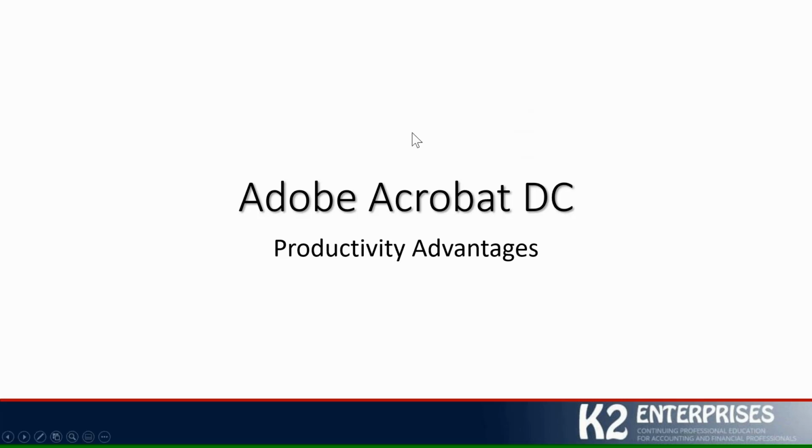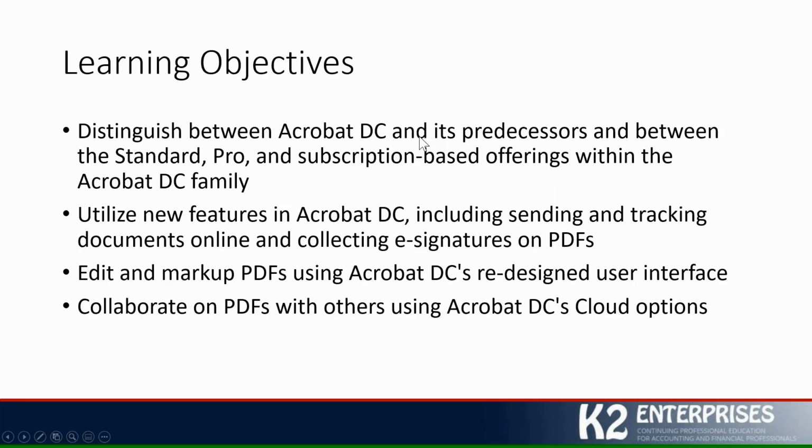Well, Alan, thanks so much for your introduction there. This session is going to cover Adobe Acrobat DC and its productivity advantages. We have a few learning objectives here, which were stated earlier, and I'm sure you've all had an opportunity to read. I would just like to mention that I will be using Acrobat DC, which stands for Document Cloud. This is a subscription.